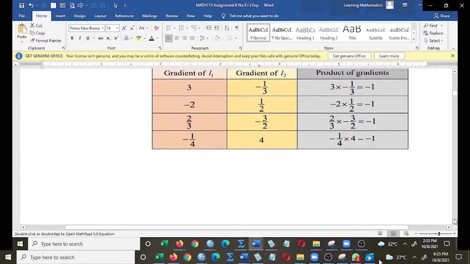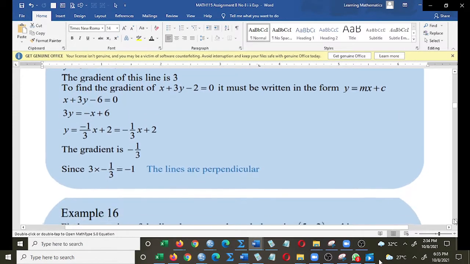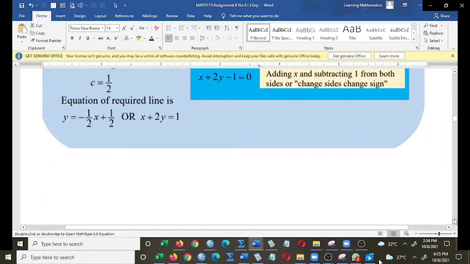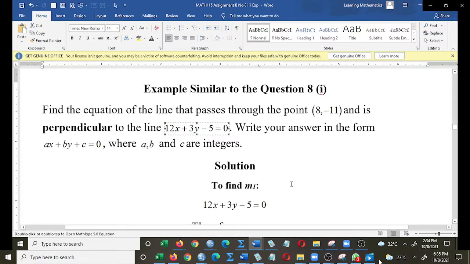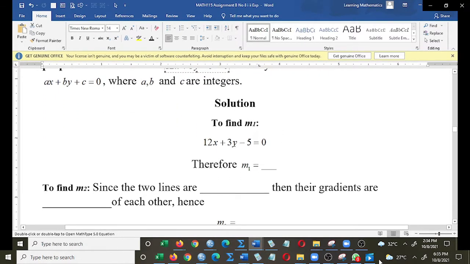However, in the example that I constructed, I just increased the level of difficulty a little bit. Can we identify our gradient right away? No, because y is not the subject, so we cannot find m1 yet.